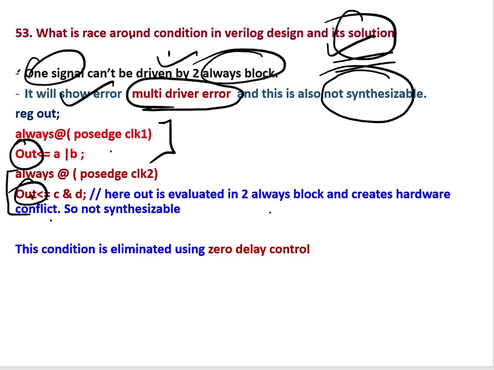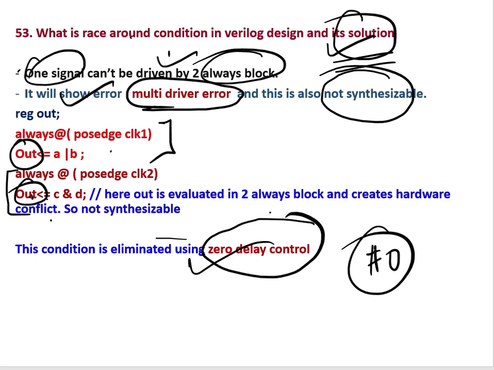The solution is using zero delay control, which I have already discussed in my Verilog interview question and answer series in the tutorial. That means you have to use hash zero to eliminate this race around condition.